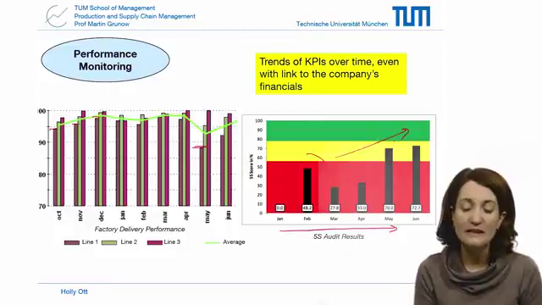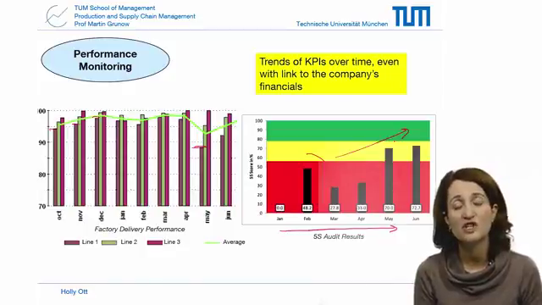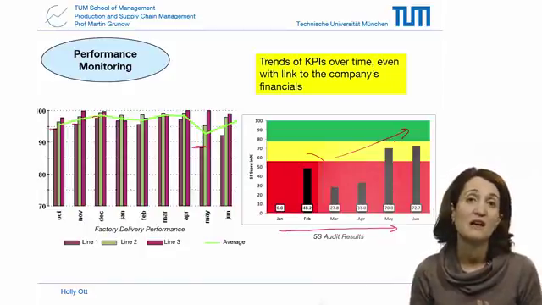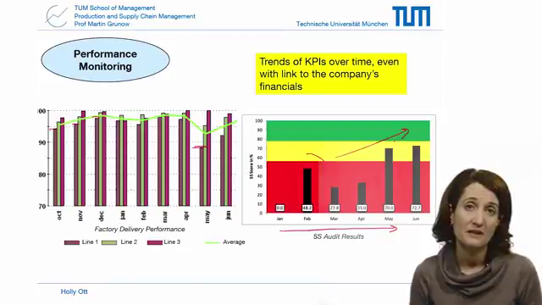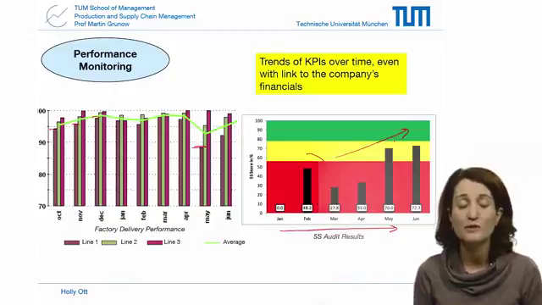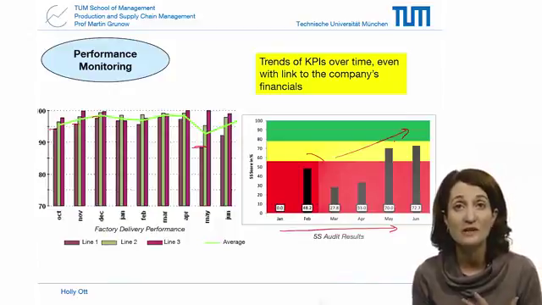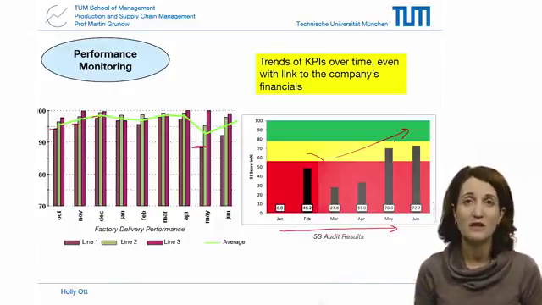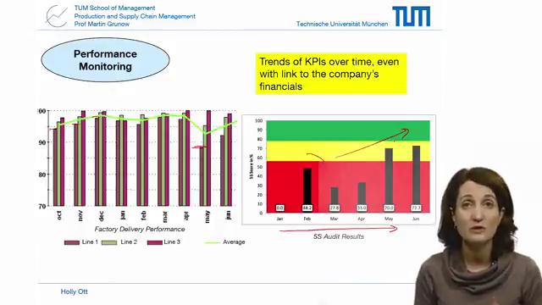Now, depending on how you're going to do your visual management, you can also link some of these trends to the bottom line of the company, so to the financial results, and that also helps bring the performance of the company to the level of the actual production.